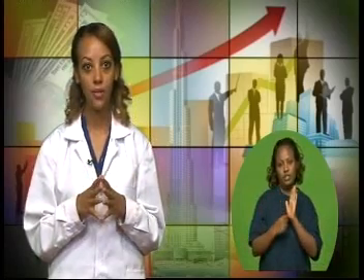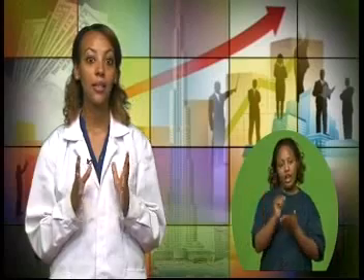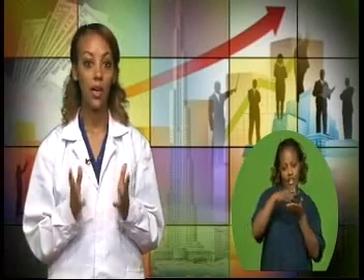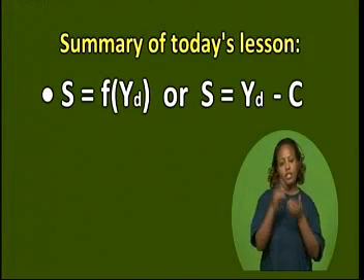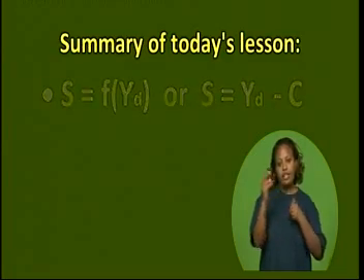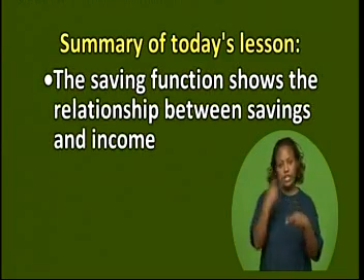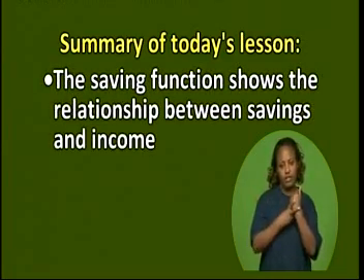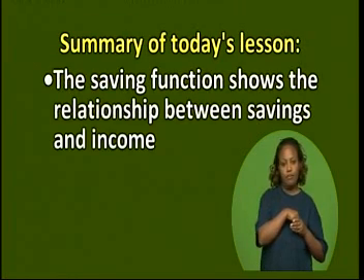Students, before we end today's lesson, let me summarize the main points. In today's lesson, we have discussed the saving function and the average propensity to save. We learned that saving is a function of income, and the saving function shows the relationship between savings and income.